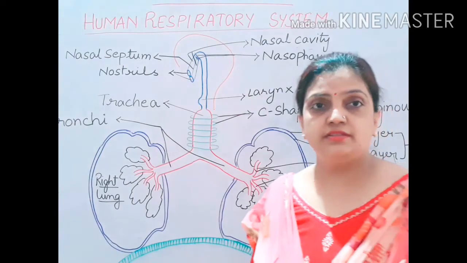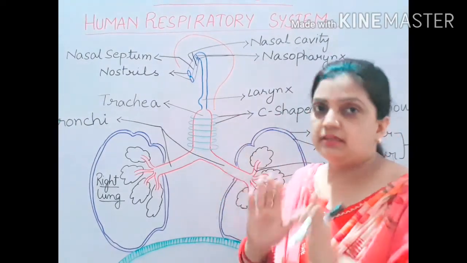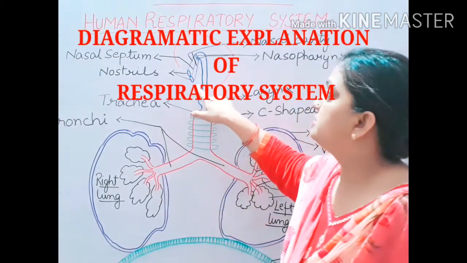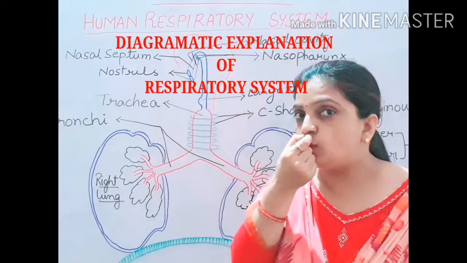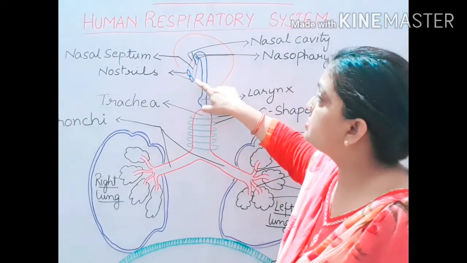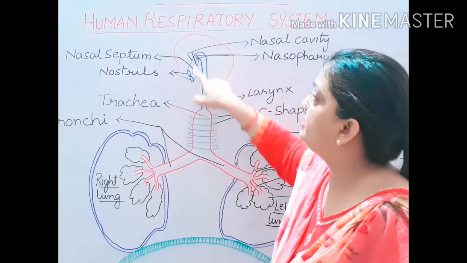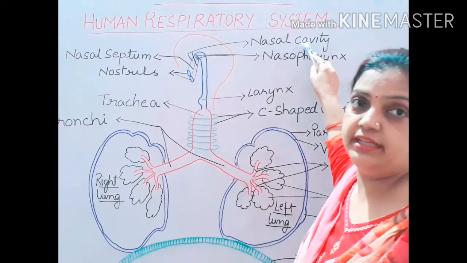Now children, just now I was telling you that these are nostrils. I have made a rough diagram. You can see that these two are nostrils. These are the two nose openings. I have drawn here, this is the nostril. Now this nostril moves into two cavities, and these two cavities are called the nasal cavity.